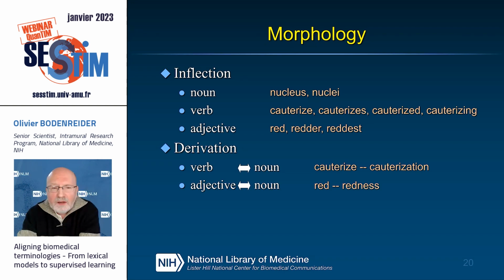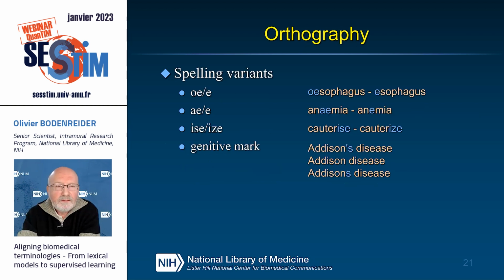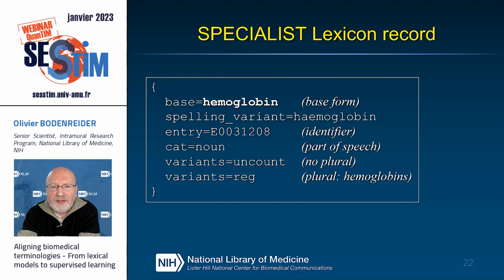Derivation: how do you go from a noun to a verb or from a noun to an adjective? It also encodes information about spelling variants, you know, the differences between British English and American English. And all this is useful for normalization purposes because it allows one form to be transformed into the other automatically.